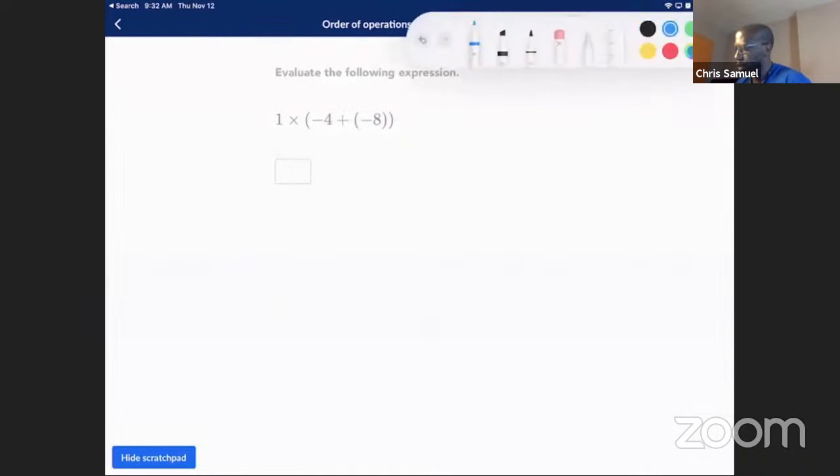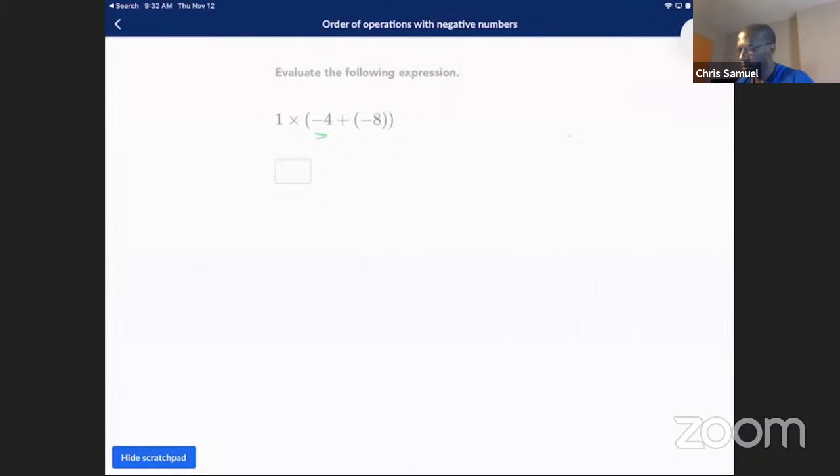Okay, so the next thing is you have this -4 plus -8. Since this parentheses only has one term in it, I think what we would do is multiply the negative into it, and a negative times a positive gives a negative, to get -8. That's kind of how that works. I would like to know how that works more deeply.